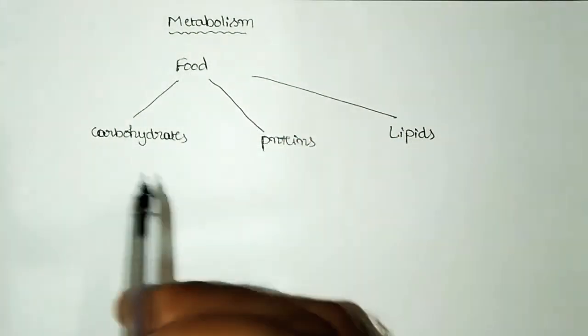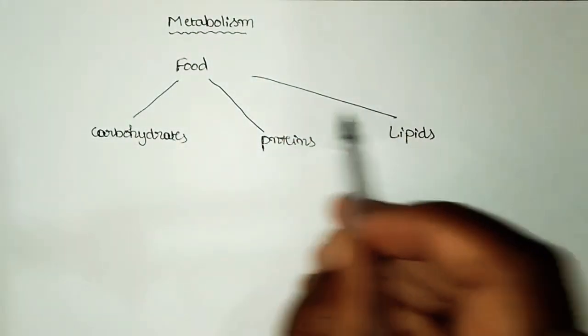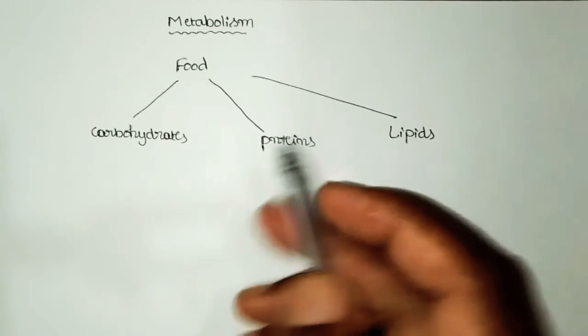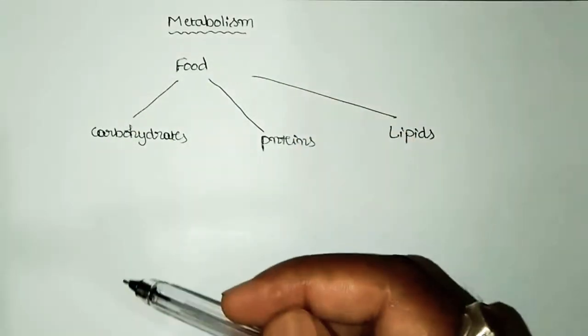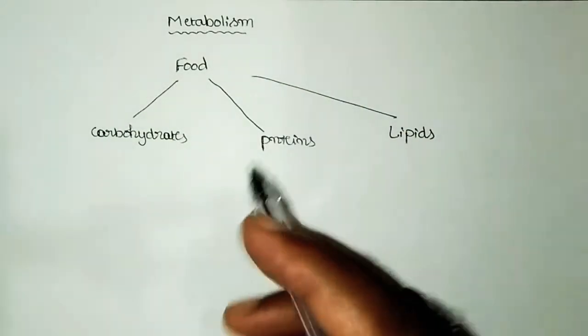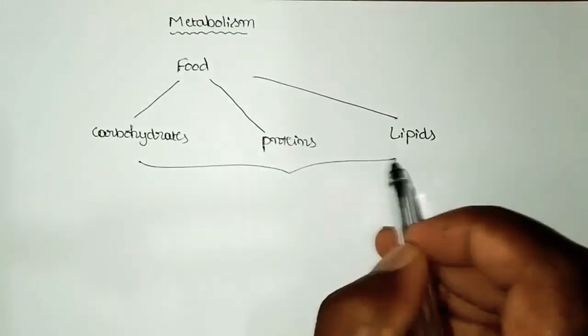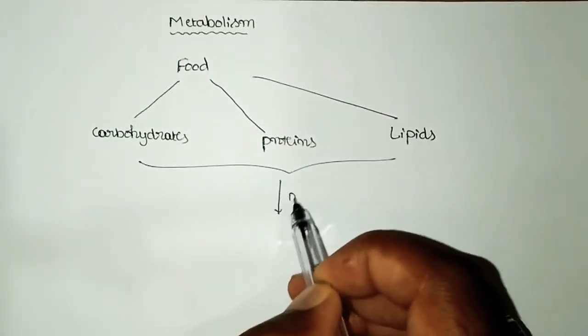When you consume the food material, these complex nutrient molecules will undergo splitting, will break down to give simpler molecules during the process of digestion.